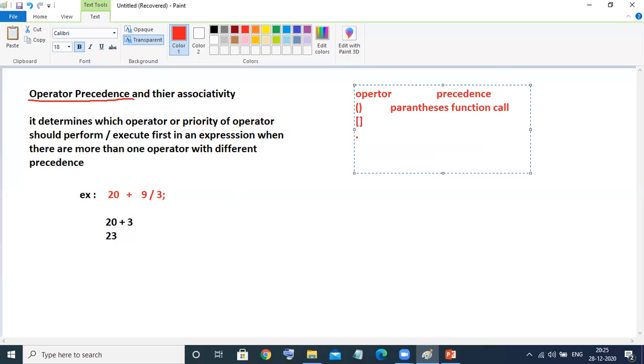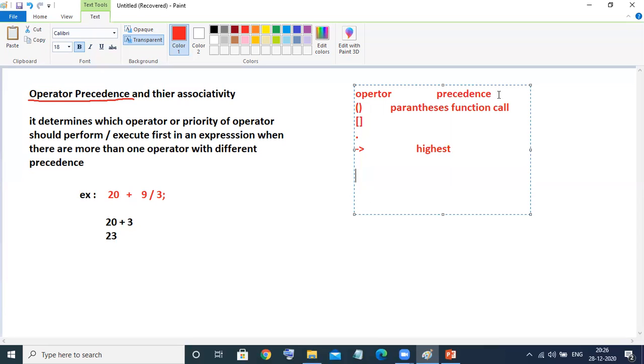When we learn structures, I will come to this point. Then you have the structure pointer access operator, the dash and arrow symbol. This is called the structure to pointer access operator. So all these operators have the highest precedence. I'll write only highest.